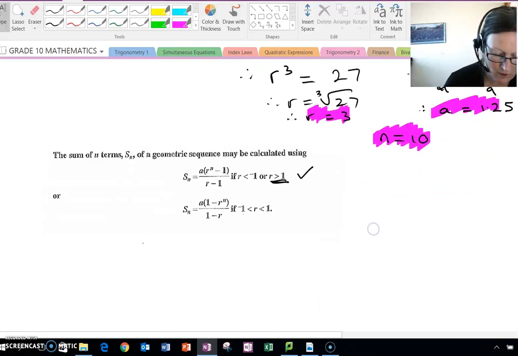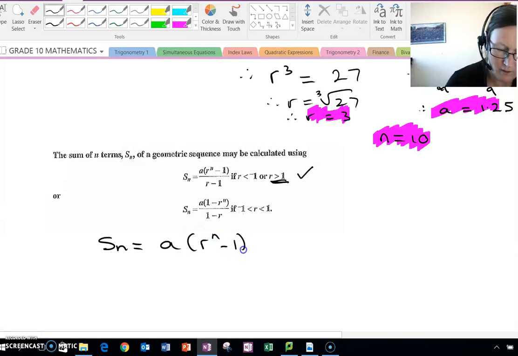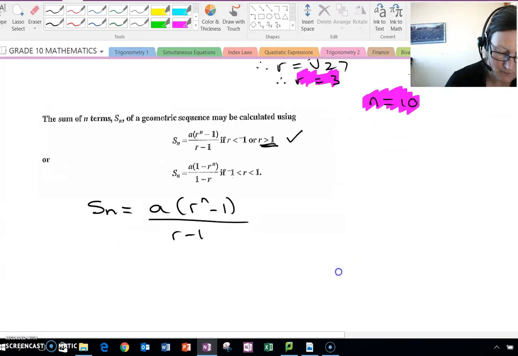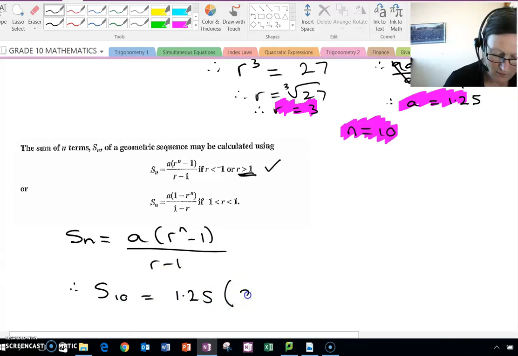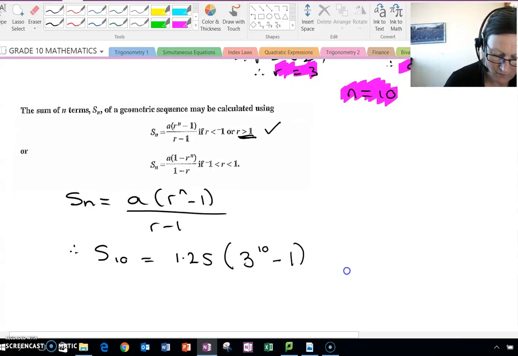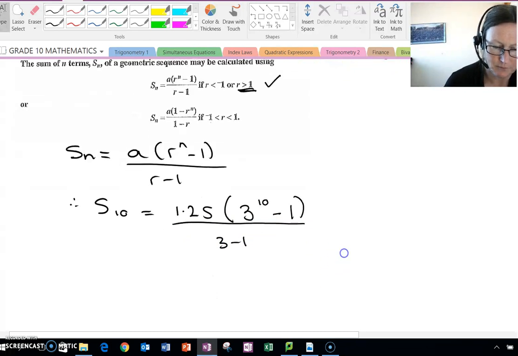So let's write down the rule. Sn is equal to A, brackets, R to the power of n, subtract 1, over R subtract 1. So let's substitute in. The sum of the first 10 terms is equal to 1.25, brackets, 3 to the power of 10, subtract 1, over 3 subtract 1.